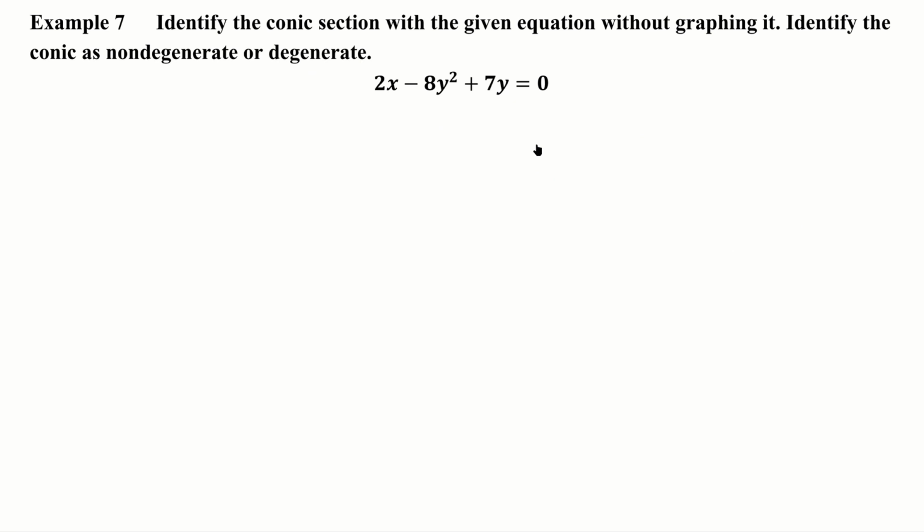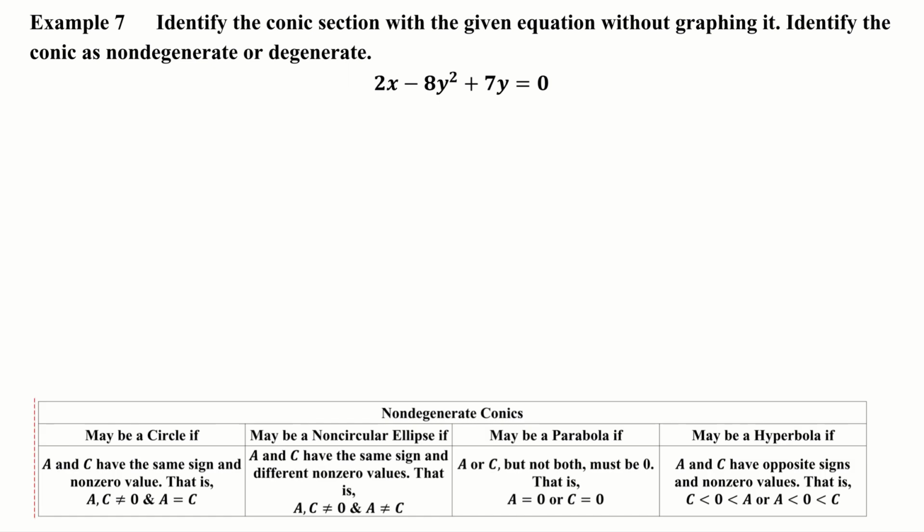All right, see if you can tell what that equation represents before continuing the video. All right, so we of course recognize this as a parabola. Now it's not the type of parabola that's going to be a function, because it's the x which is not squared and the y which is squared.